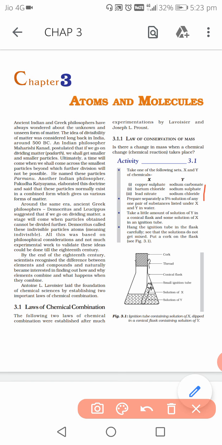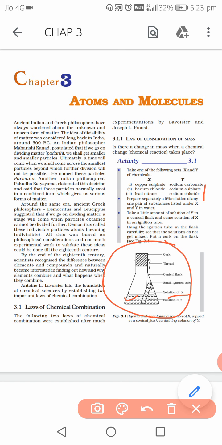Now when we are pouring X and Y in this conical flask, suppose this part is the Y solution, and the solution of X is inside this ignition tube. This small tube is called an ignition tube. Then the whole thing will be measured.